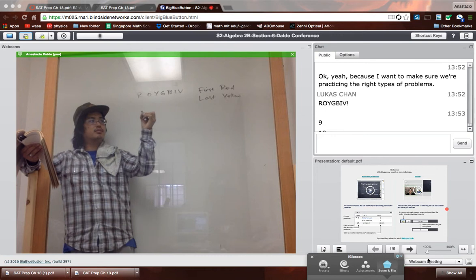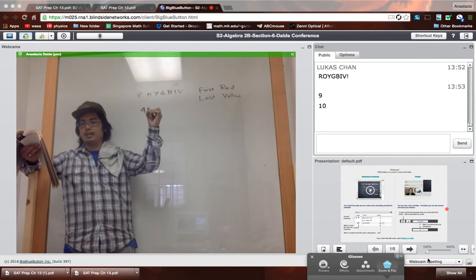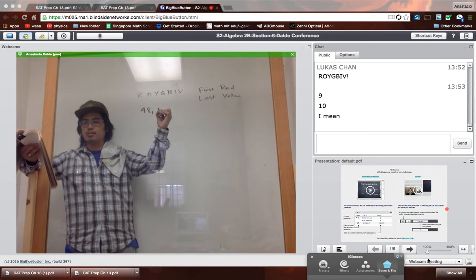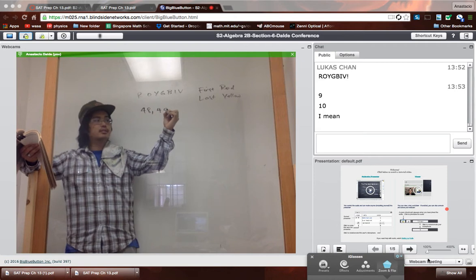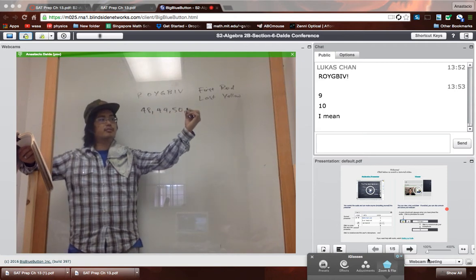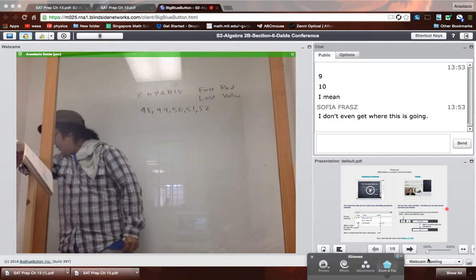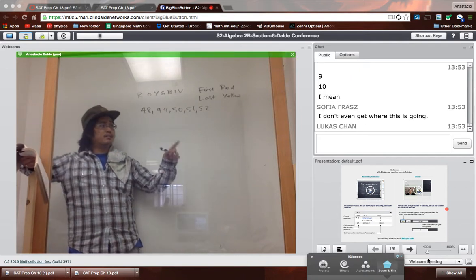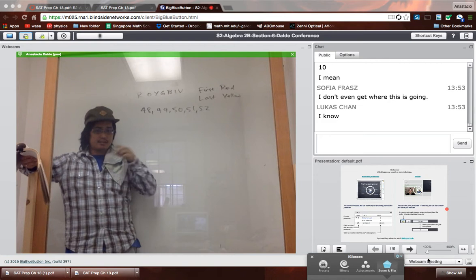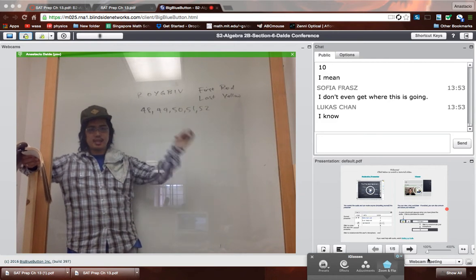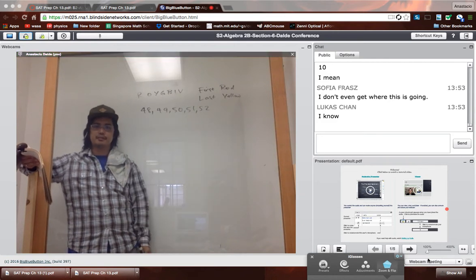So here are the options they gave us. Is it 48, 49, 50, 51, or 52? How many beads are on this bracelet? If the first bead is red and the last bead is yellow, how many beads altogether? Pretty cool?